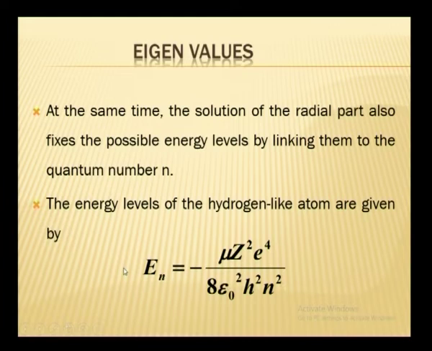For the energy eigenvalues, we skip the detailed mathematics. Unlike the particle in a box, the first problem we discussed in the previous lectures, which in any quantum mechanics book is the first problem because it does not involve higher mathematics, here solving the Schrodinger equation brings in Legendre polynomials, Laguerre polynomials and so on.